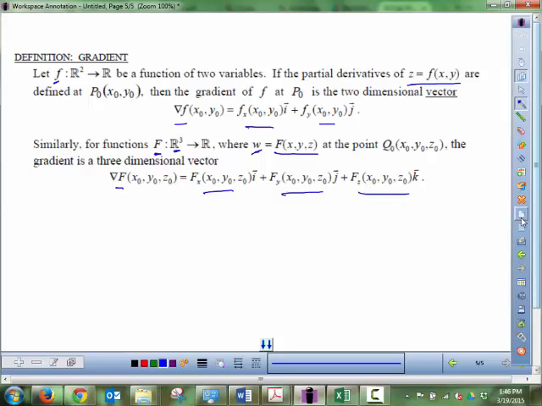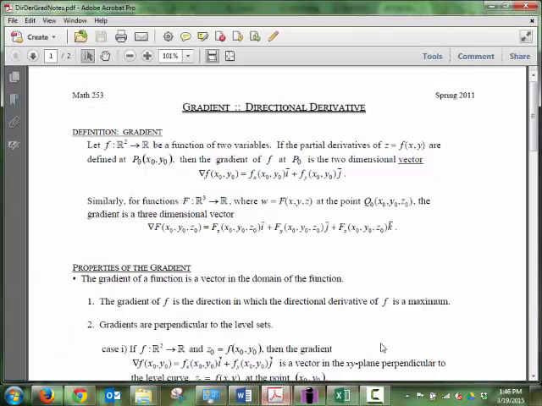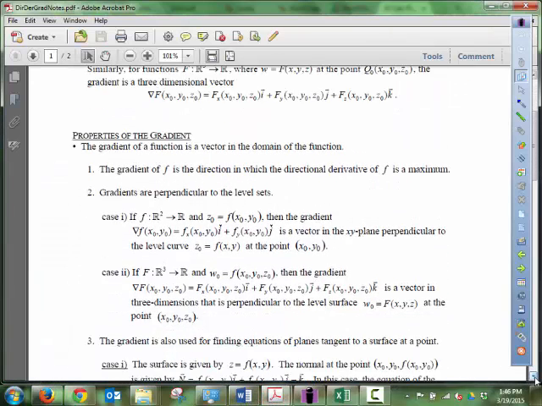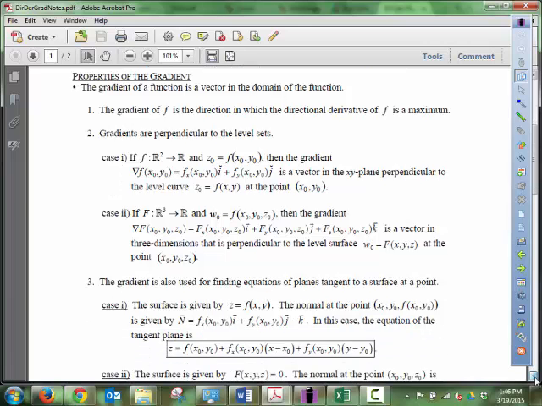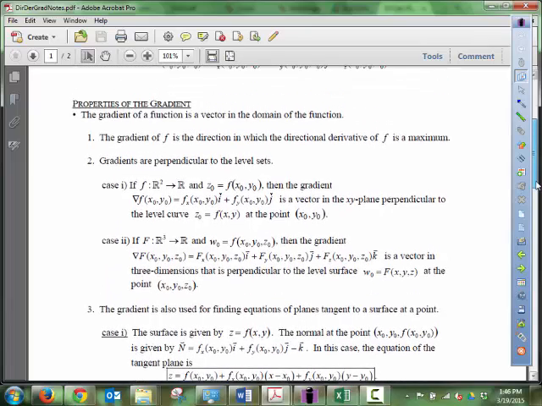All right, more importantly, the properties. Let's take the first two first.